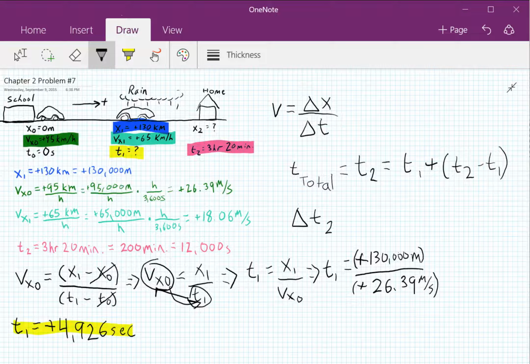So you have t2 here. That's going to equal t2 minus t1.